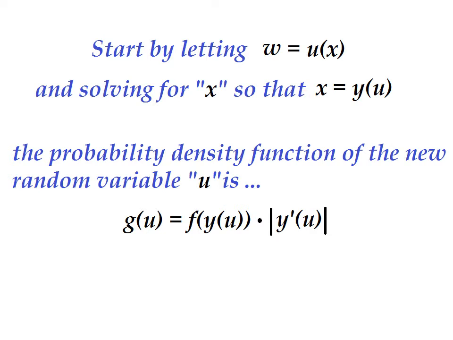So all we're doing is substituting into the original function f of x multiplied times the absolute value of the derivative of y with respect to u. It's a very simple formula, and we're going to, in essence, derive it in the next slide or two.